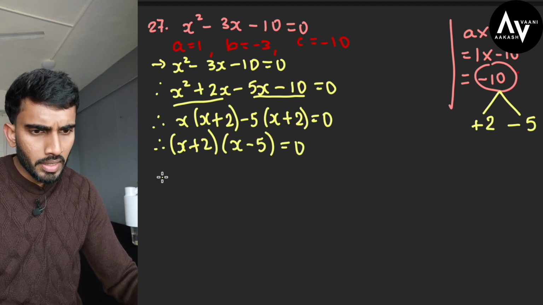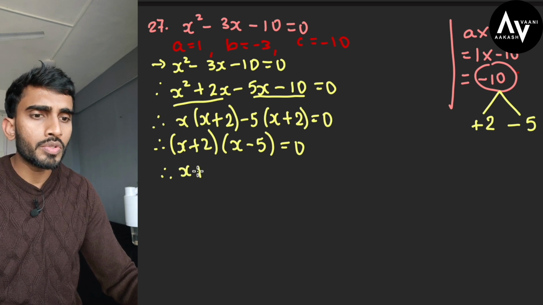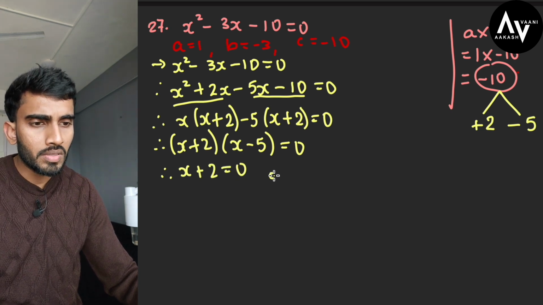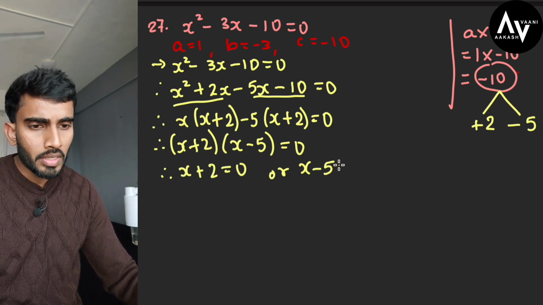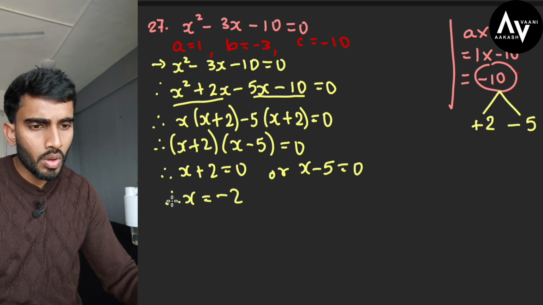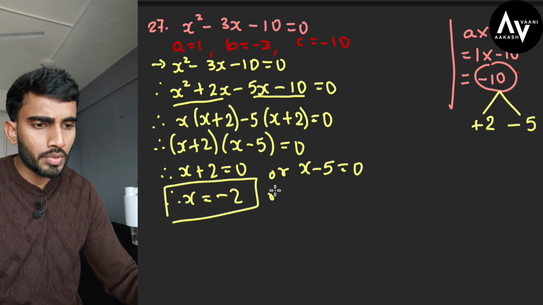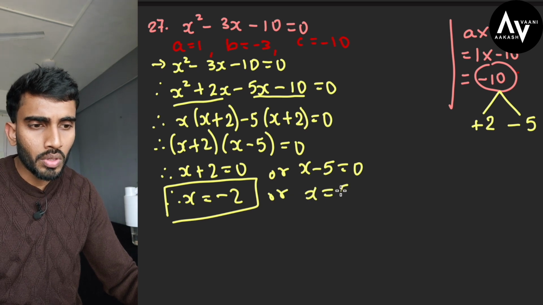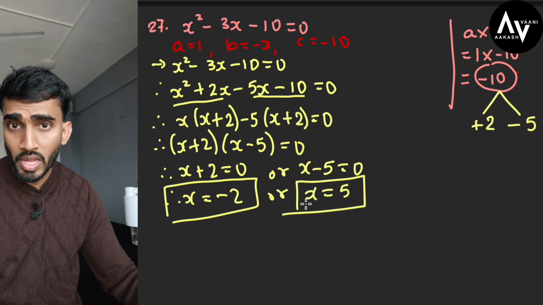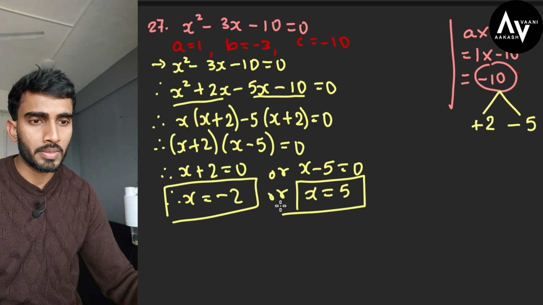As a result, x plus 2 is equal to 0 or x minus 5 is equal to 0. Therefore x is equal to minus 2 or x is equal to plus 5. So these two are the roots of the quadratic equation by factorization method.